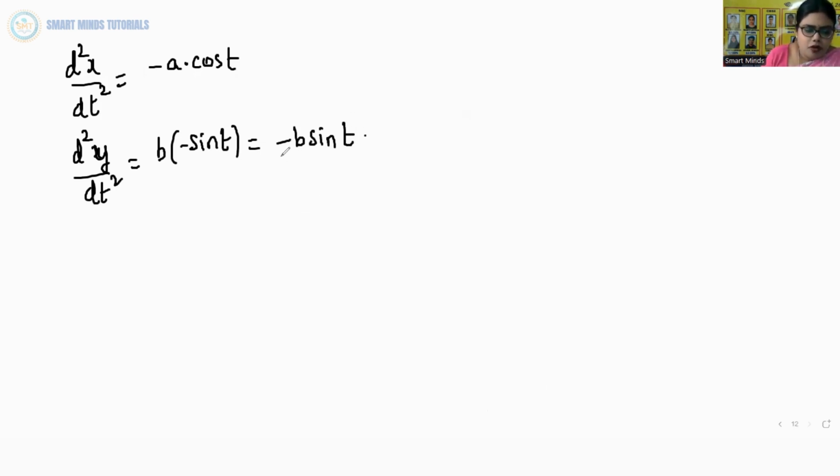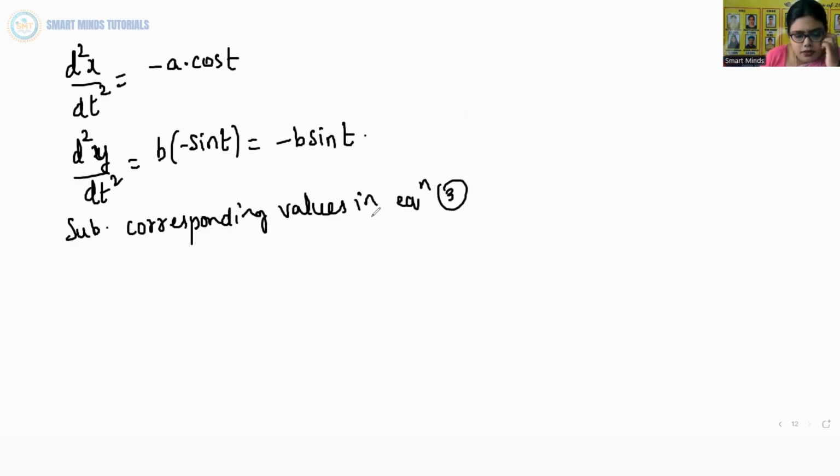Now after you got d square y by dt square and d square x by dt square, we substitute all the values. So let's write substituting corresponding values in equation number 3.